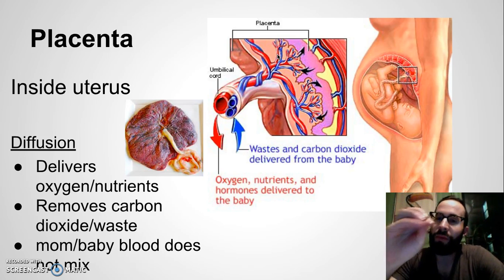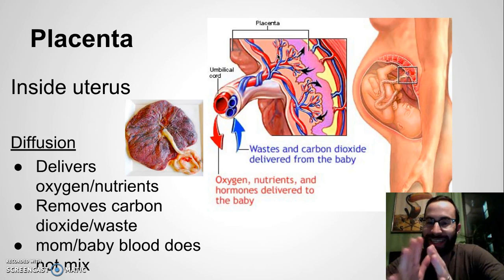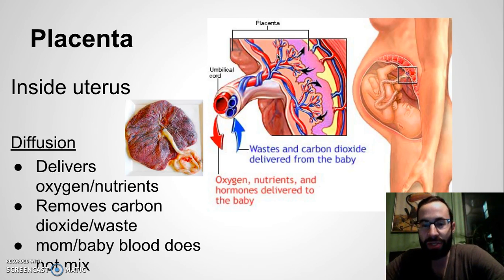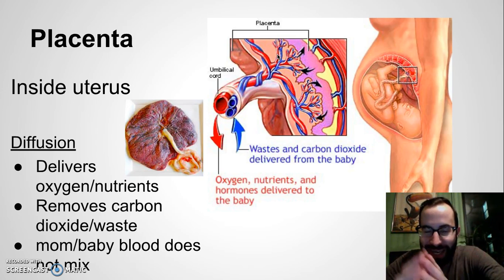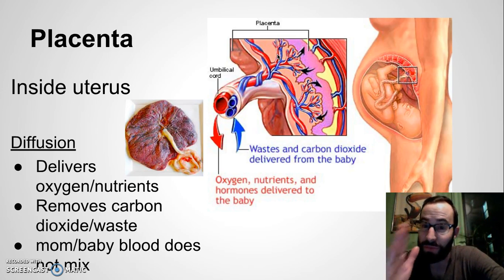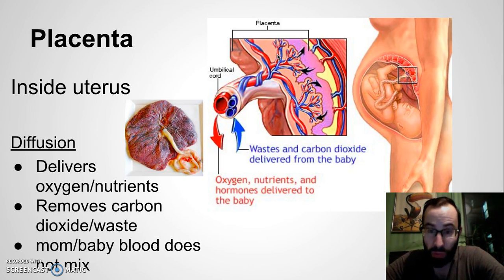But the blood of mom and baby become so close together that the nutrients and the waste and oxygen and carbon dioxide can be exchanged by the process of diffusion, when molecules move from a high concentration to a low concentration. And this again is happening inside the uterus.